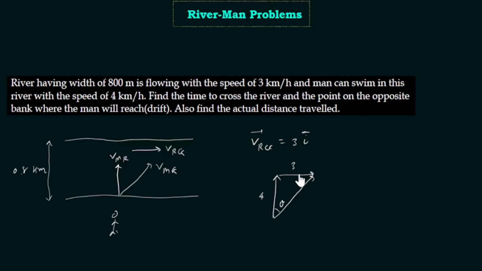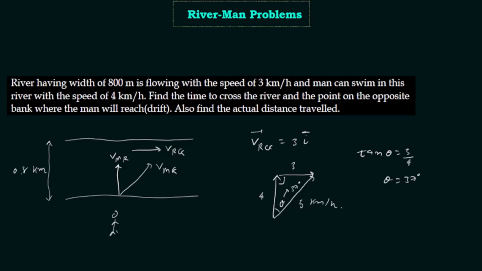So here you can see that this is 3 and 4, it is at 90 degree, and the hypotenuse will be 5 kilometer per hour. Theta is basically 37 degree. You can see that tan theta will be 3 by 4, so theta will be 37 degree. So this is the speed of the man with respect to ground.